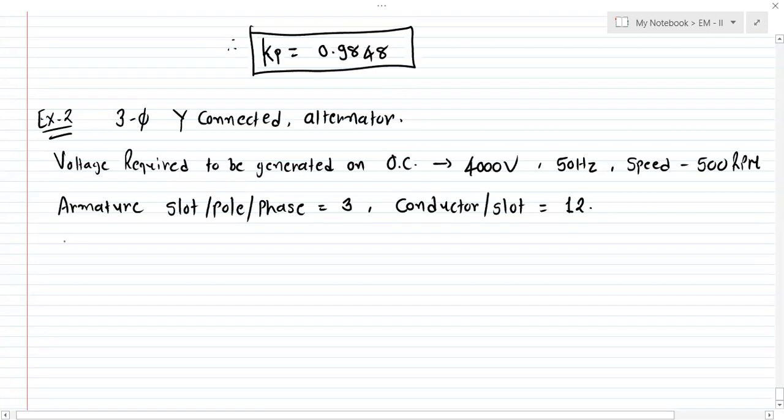We have to calculate the number of poles and flux per pole. So I have to calculate the P and phi.